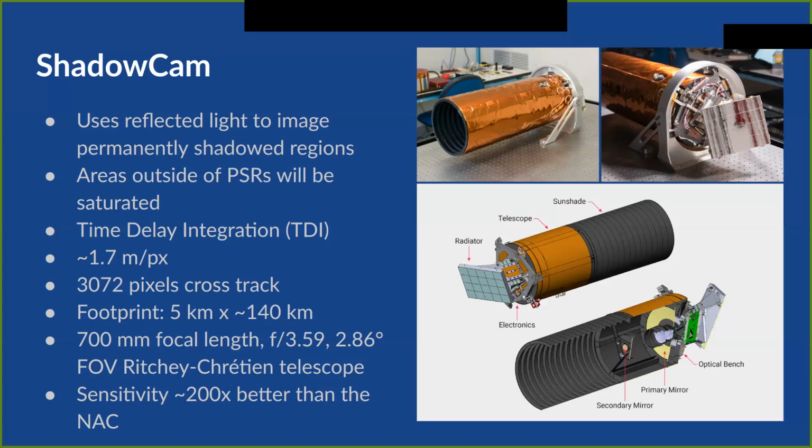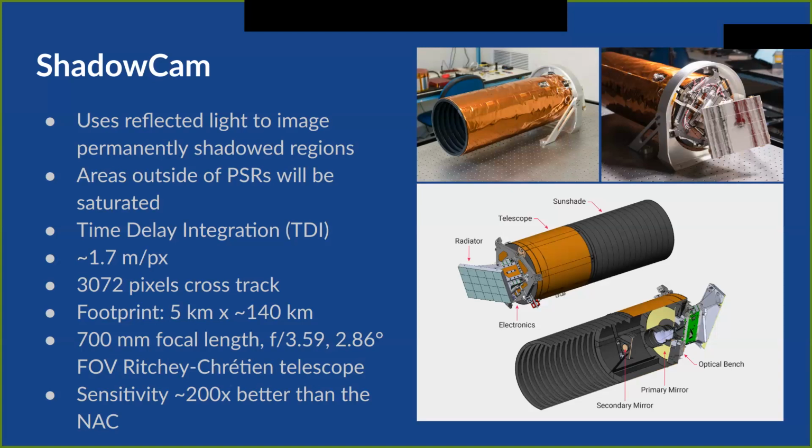And so that was one of the most significant changes, was just keeping as much of that stray light out as possible. The other big change is the sensor itself. It's a type of sensor called a time delay integration sensor. And in this particular case, we have 32 stages. And the way it works is as the sensor is moving over the surface, the signal transfers from one stage to the next, and that effectively boosts the signal.